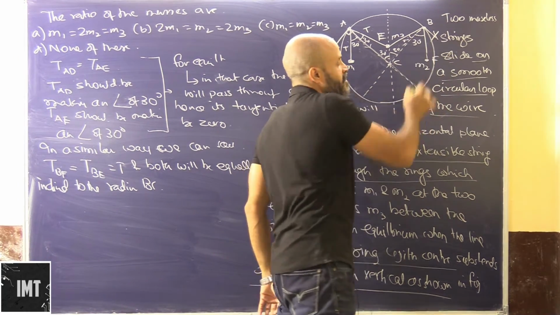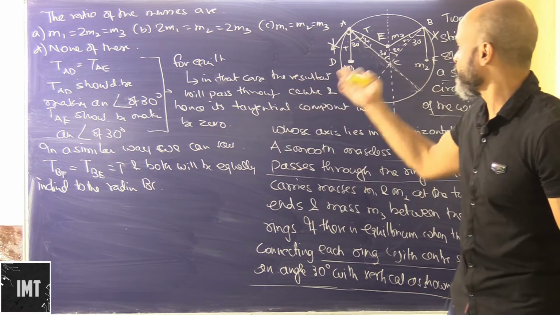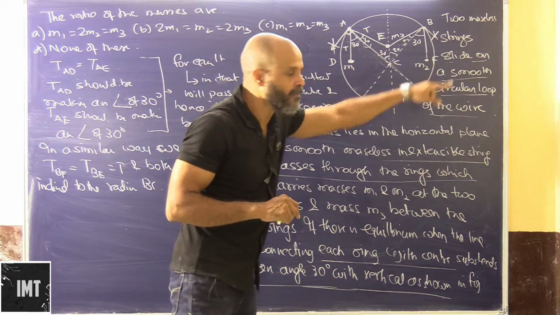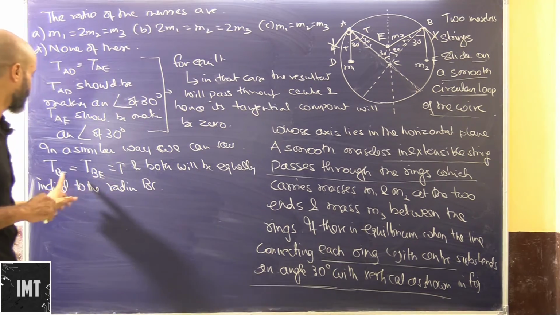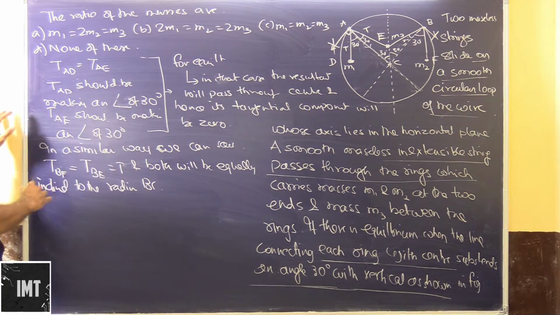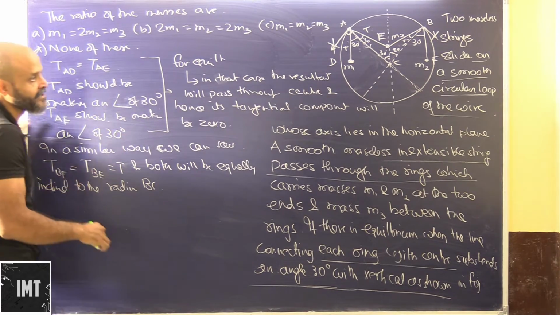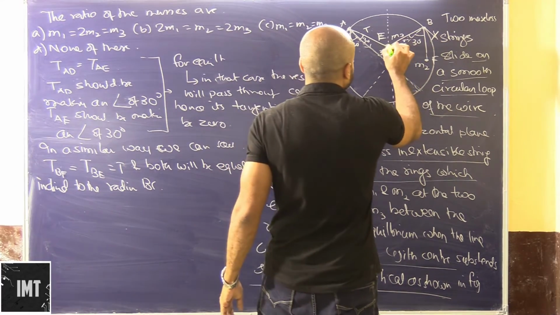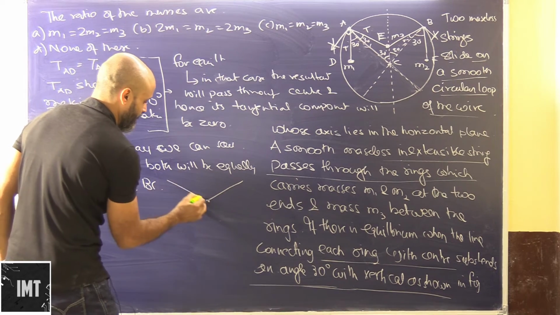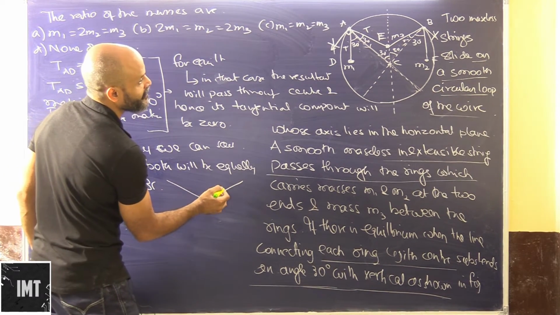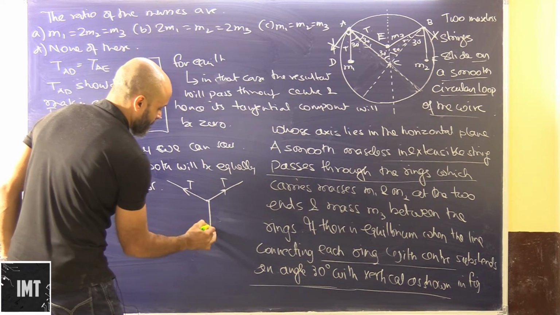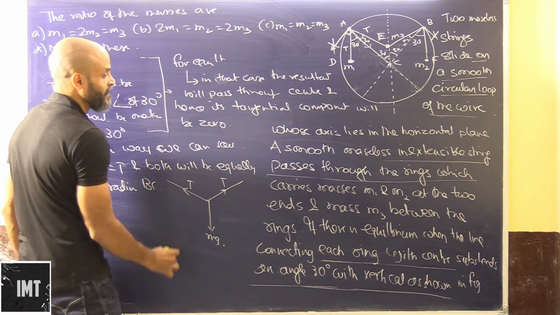So in order to ensure that it is not sliding down, as per the question, there is an equilibrium which is maintained. So TBF will be equal to TBE, this will be equal to T. Now, what are the tensions that are acting here? Let's say here we have T, or whatever the resultant of T is, and this will be mg.